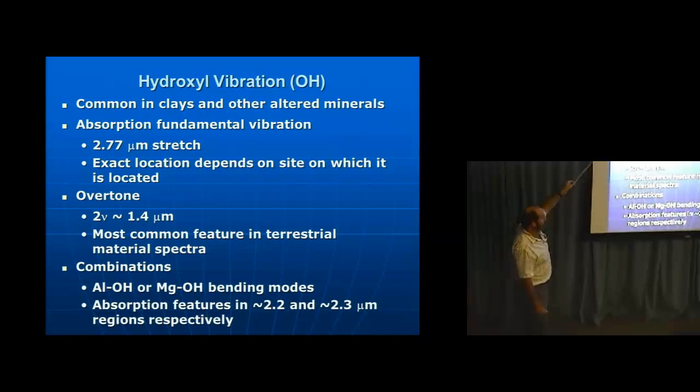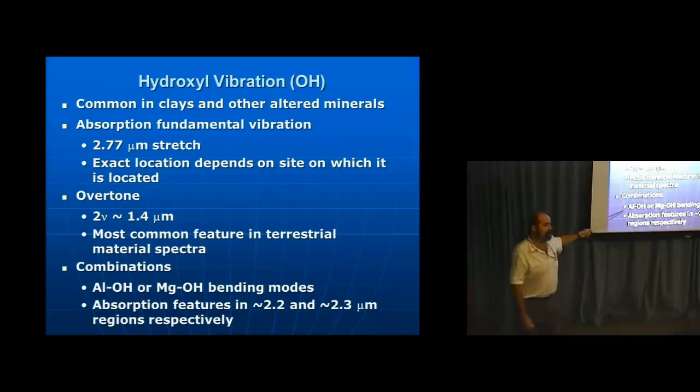It has a fundamental feature at 2.7, which comes out to an overtone near 1.4 micrometers. There's also a combination tone at 2.2 or 2.3, depending upon what it's tied in with. So, for example, an AlOH will be at 2.2, and MgOH will be at 2.3. So now you're starting to do chemistry with spectroscopy based upon the absorption features and where they occur.